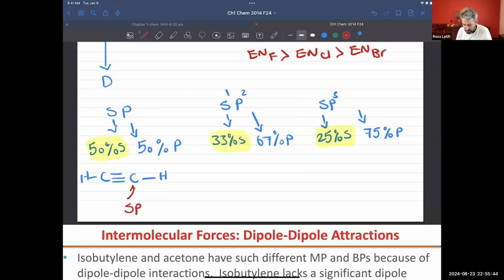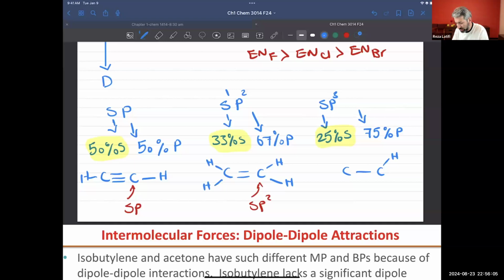Next, we have a carbon attached to another carbon through a double bond. That carbon has sp2 hybridization. And the last one, a carbon attached to another carbon where each carbon has 3 hydrogens, and the hybridization is going to be sp3.